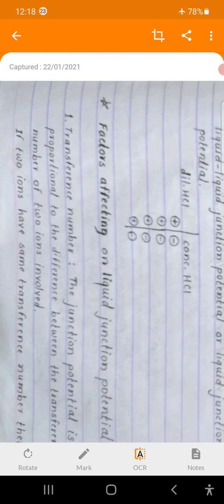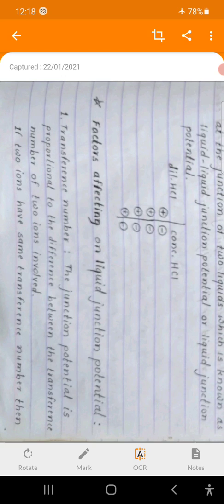Then, factors affecting junction potential. Junction potential mainly depends on the transference number, that is the transference numbers T plus and T minus of positive and negative ions.